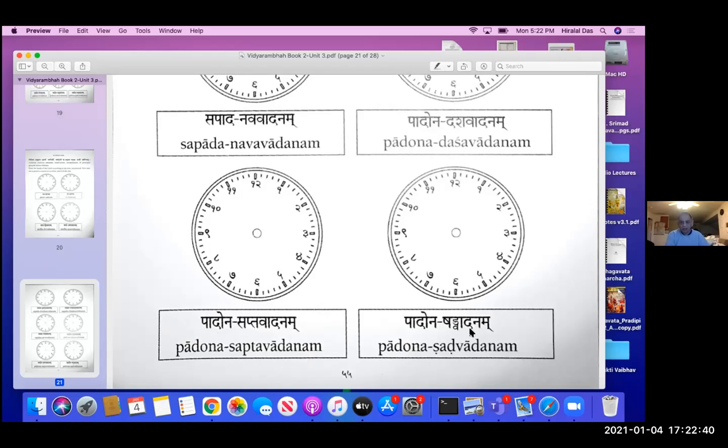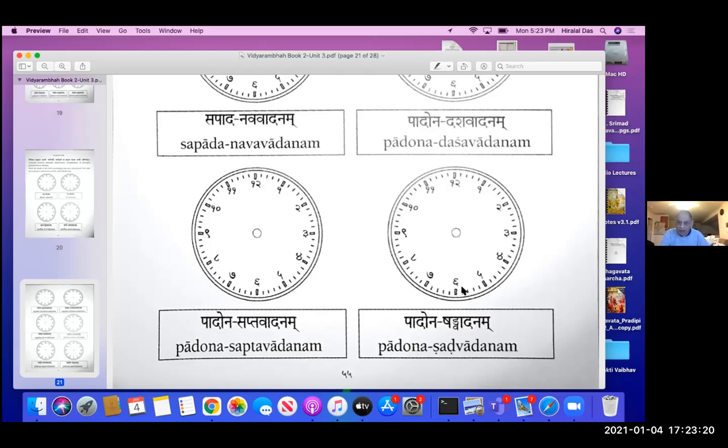Okay, next person. Padona sadvadanam. Sad is 6. I'm assuming that you know the numbers because we did it in the first lesson. Varshini, please go ahead. Padona is the long hand on 9, and Sad, the short hand is in between 6 and 7. No, because it's 15 minutes less than 6.